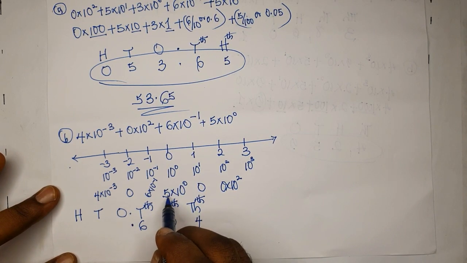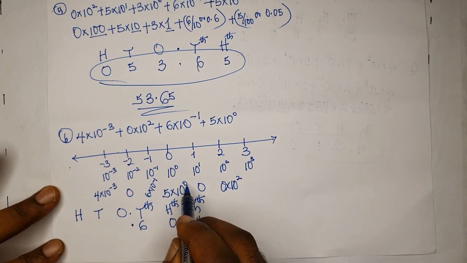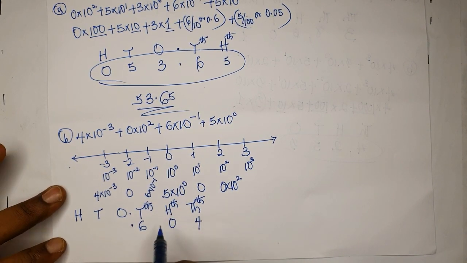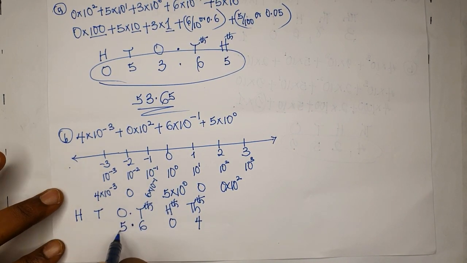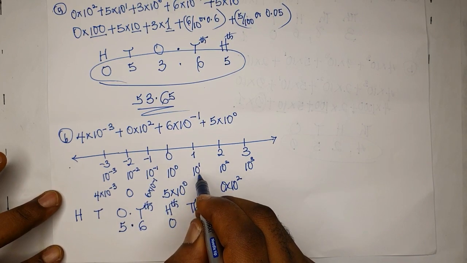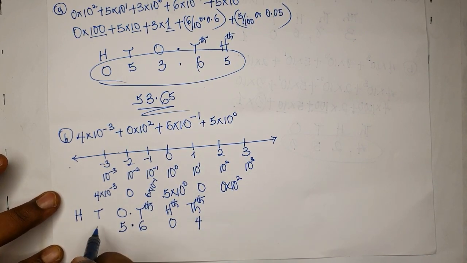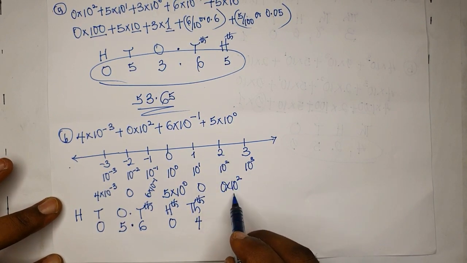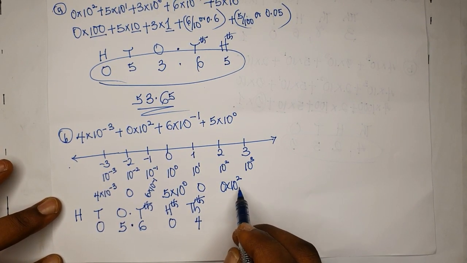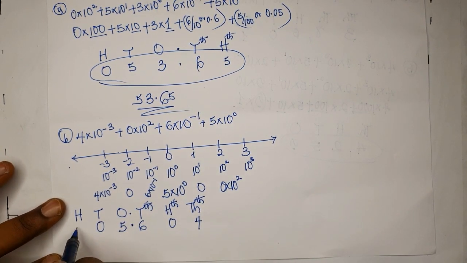In our ones place, we have 5 times 10 to the power of 0, which is the same thing as 5 coming here. And then in the tens place, we had nothing, so we leave it as 0. Why? In the 100 place, it's also 0, because 10 squared multiplied by 0 is 0.